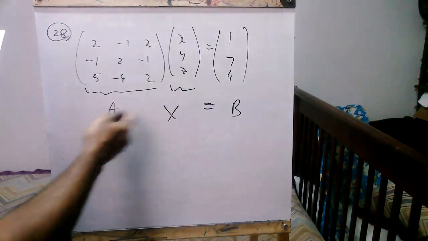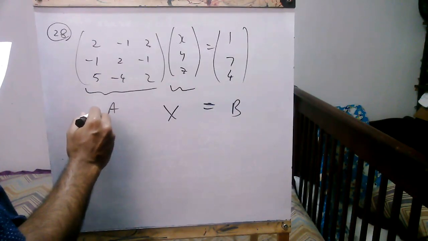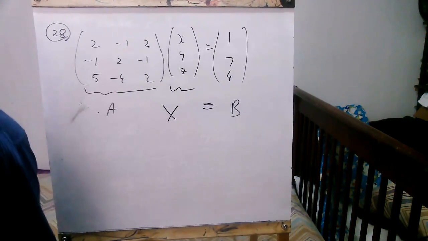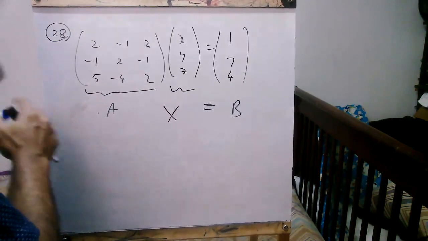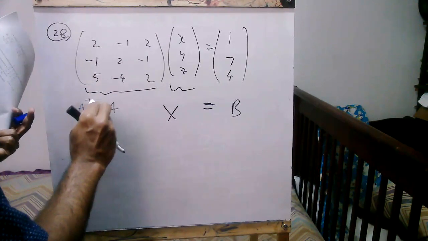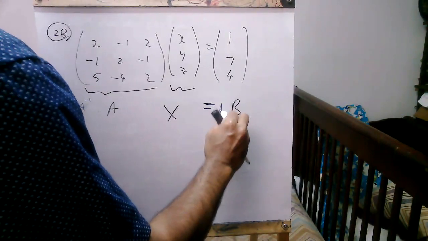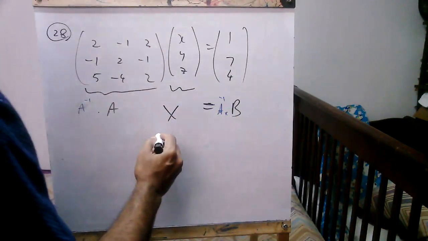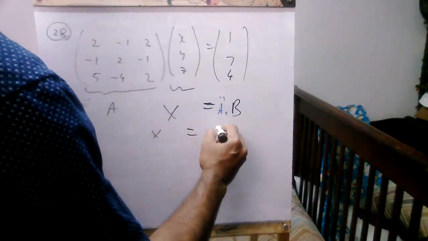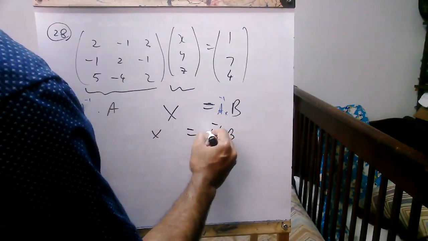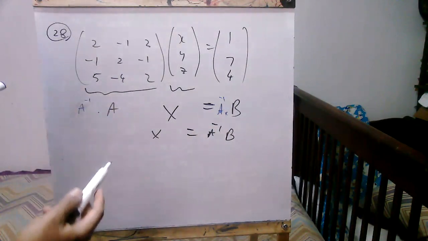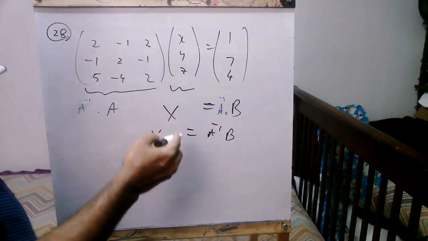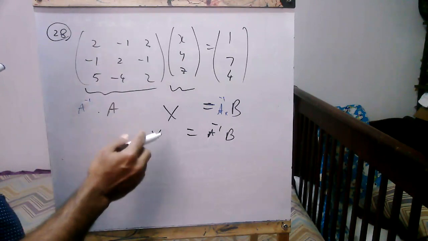Now we discuss this. If this is the equation, we can multiply both sides by A inverse. Here we get X, and on the other side we get A inverse B, which means what you have to do is simply enter this matrix into the calculator. This is really a calculator question.